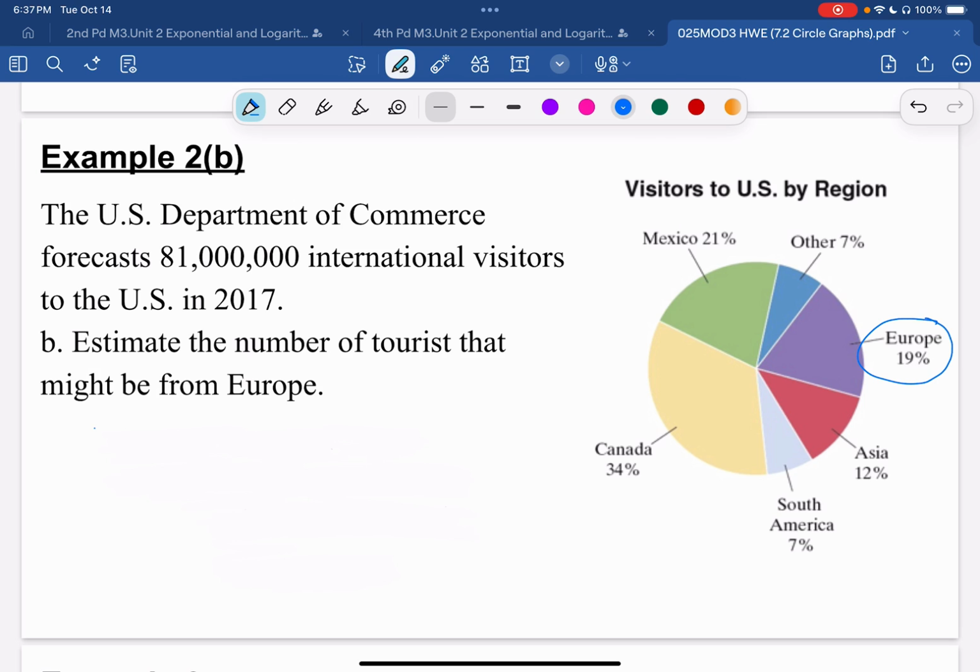So we know how to find percent and amount. So we know that the amount is equal to the percent times our base number, okay? So I'm finding the amount. My percent in this case is 19%. So that's 0.19. My base value is the amount of people.